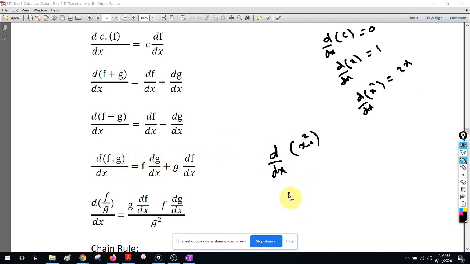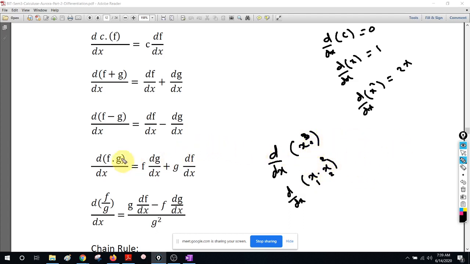I can write it as d by dx of x into x. Just to demonstrate, I am using this; otherwise you know d by dx of x squared is 2x. This is the first function, this is the second function. What it says is first one into the derivative of the second, and second one into the derivative of the first. To make it interesting, I will take x and x squared, which gives x cube.